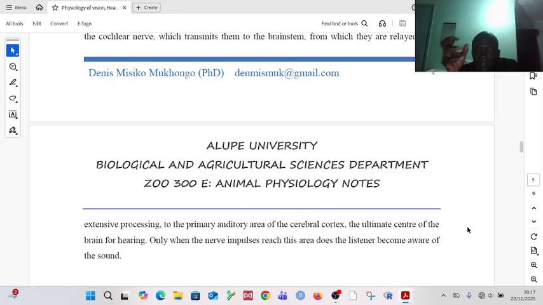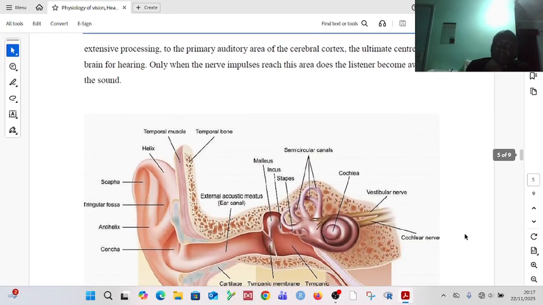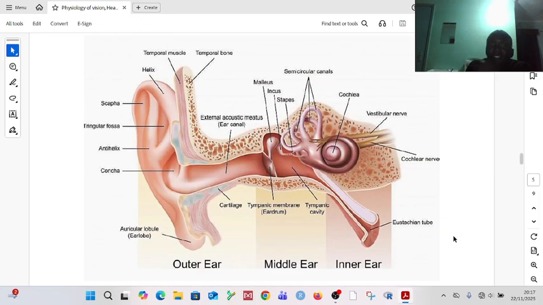So it is until those nerve impulses are transmitted all the way to the cerebral cortex that there is that interpretation. You say, oh, it is a dog or it is a car. Okay? So this is the structure of the human ear.